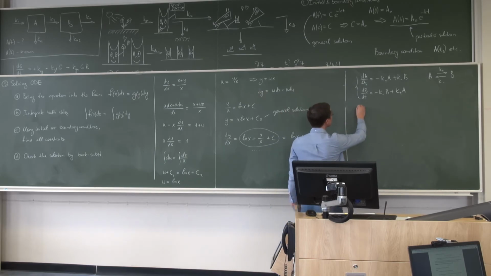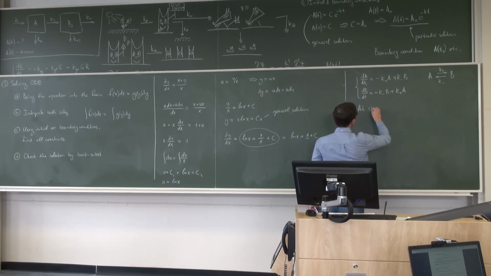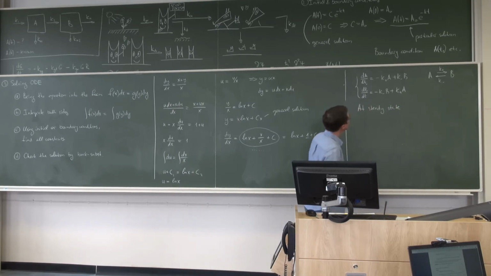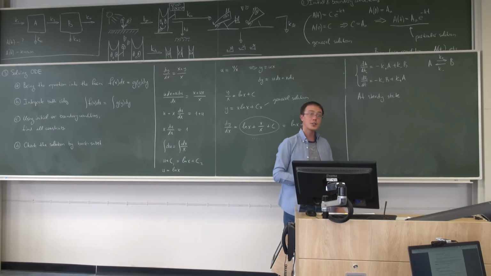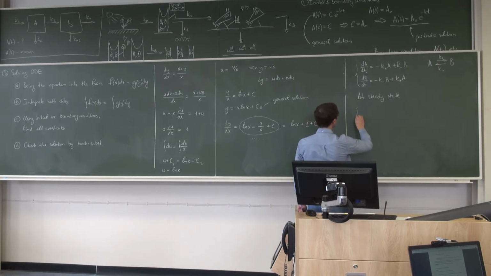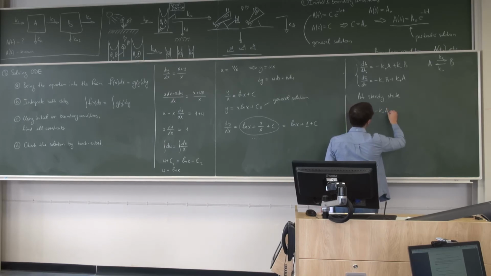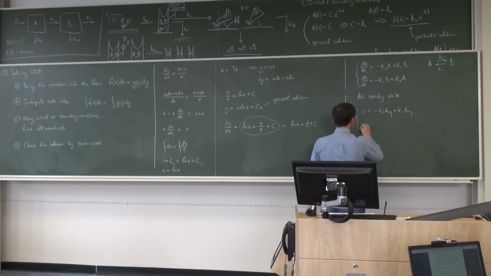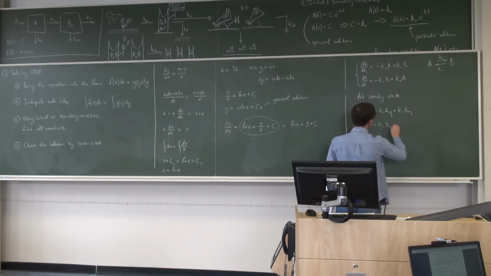So at the steady state, or more precisely at equilibrium here, we actually have a system of algebraic equations. So 0 equals minus K plus A equilibrium plus K minus B equilibrium. And so 0 is minus K minus B equilibrium plus K plus A equilibrium.